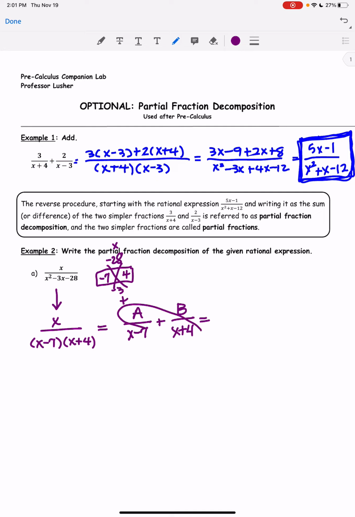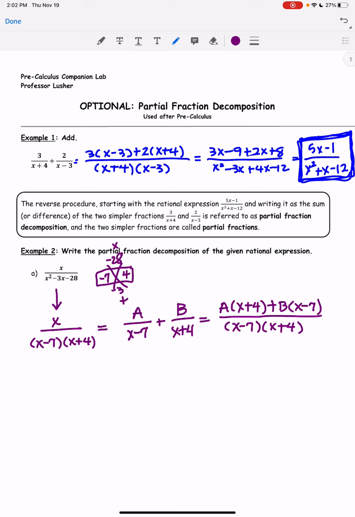So I've got a times x plus 4 plus b times x minus 7, and that is all over these two together.